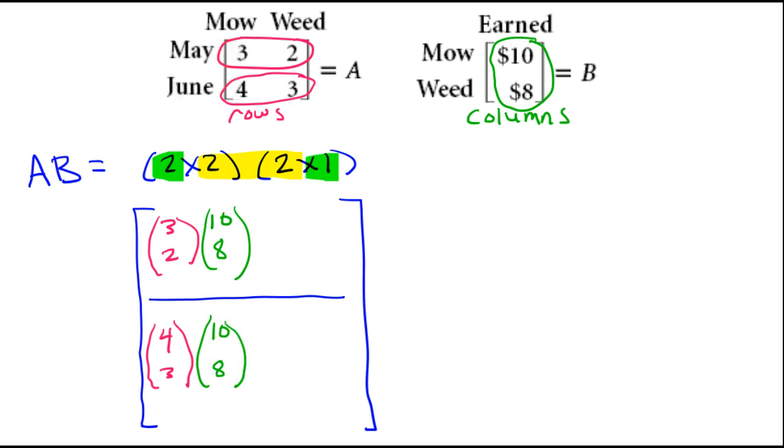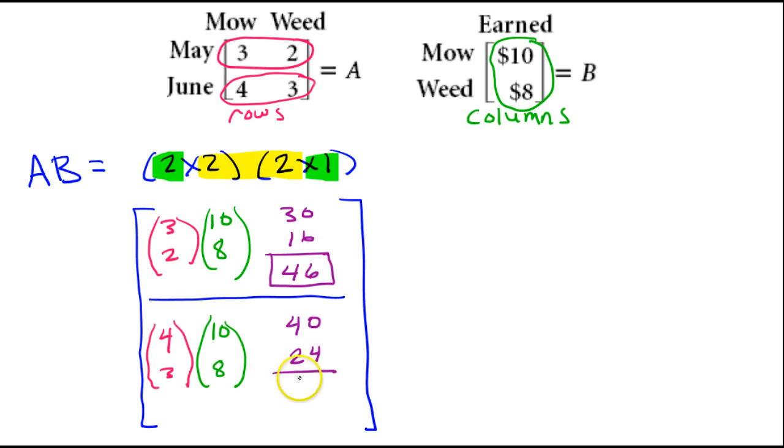Okay, now let's go ahead and multiply and add. So if I multiply, I'm going to get 30 and 16. Add them up, that is 46. If I multiply here, that's going to be 40 and 24.